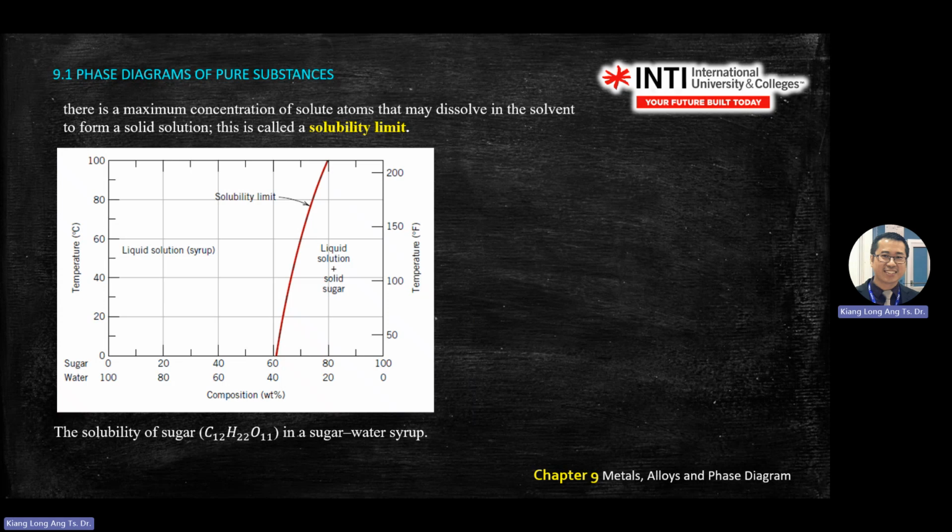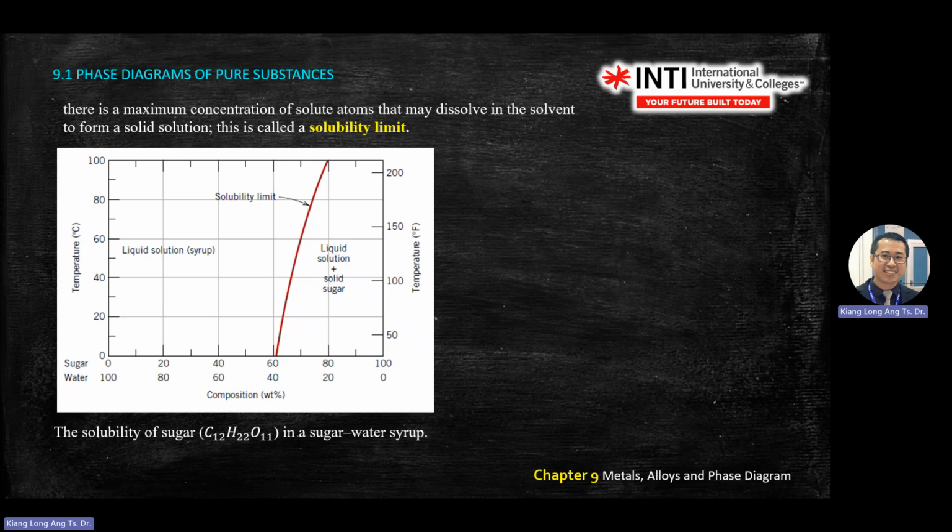Okay, and there are a few states. State means condition, physical condition. You have liquid, you have solid, and you have gas form. Very easy. For example, if the condition is at the left hand side, then the solution will be in liquid form.